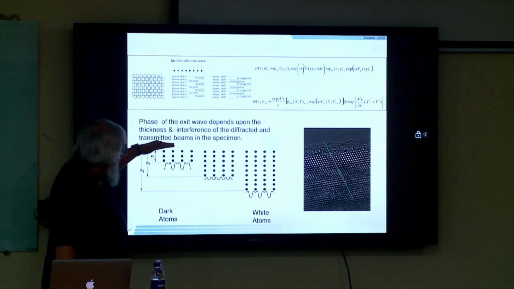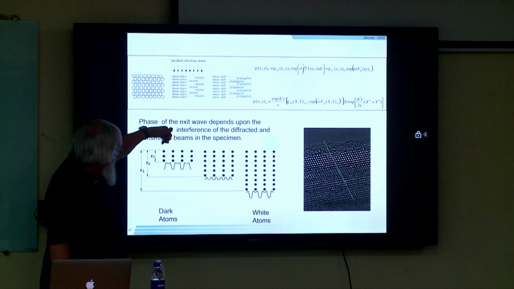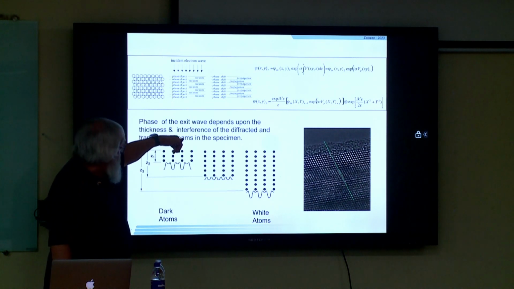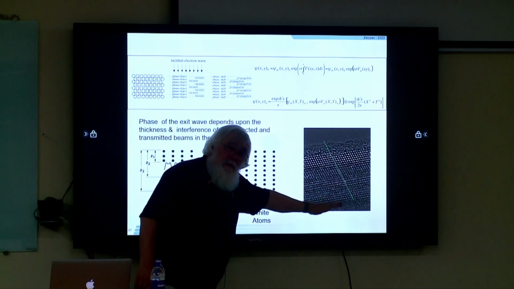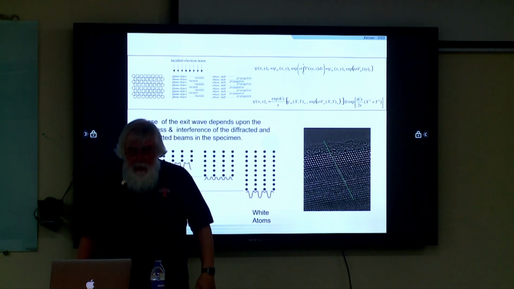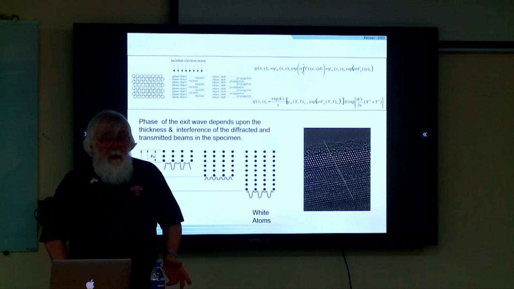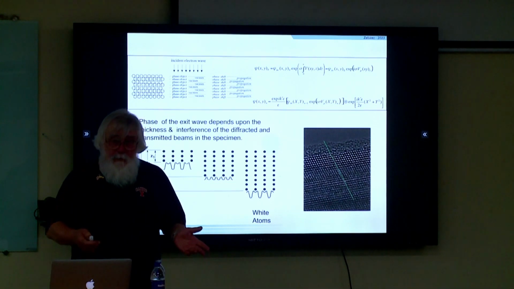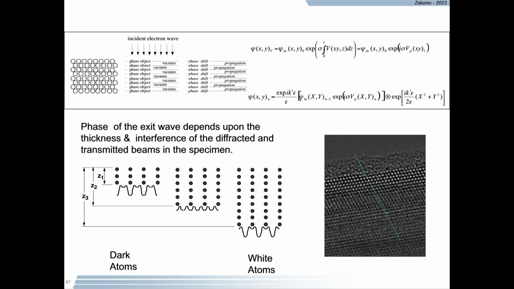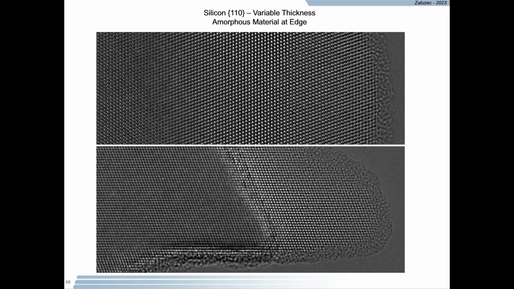We can see there's a change in how those electrons can penetrate through the solid, and they begin to interfere. We see that happening as a function of thickness. Can we control that? Not if your sample thickness is varying. Not if the orientation is varying. So one of the keys to doing good high-resolution imaging is making sure you know what's happening to your sample itself. Let's see what the next slide is.